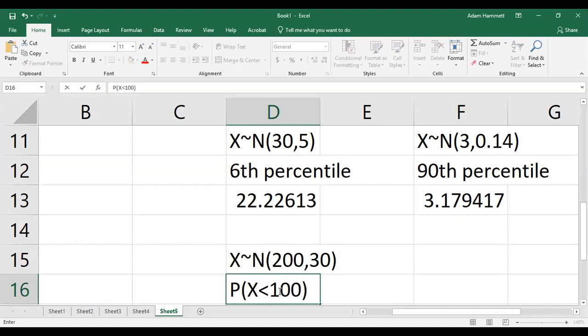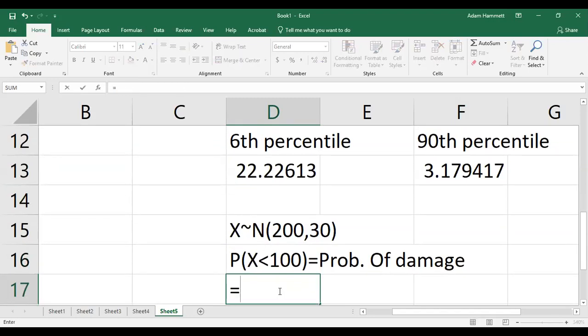If X is the altitude at which the thing opens and it has this normal distribution, damage occurs, right? So this is equal to the probability of damage.